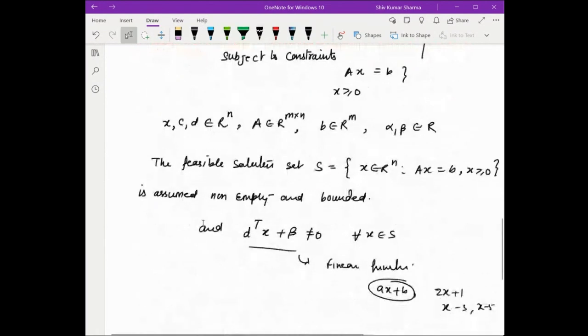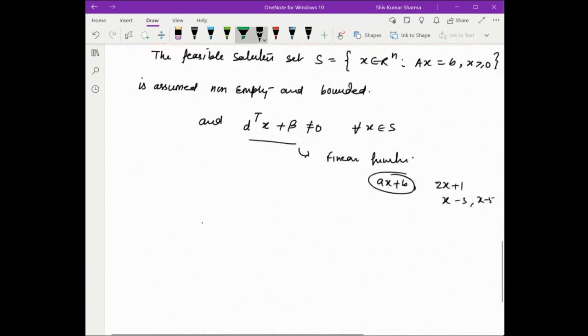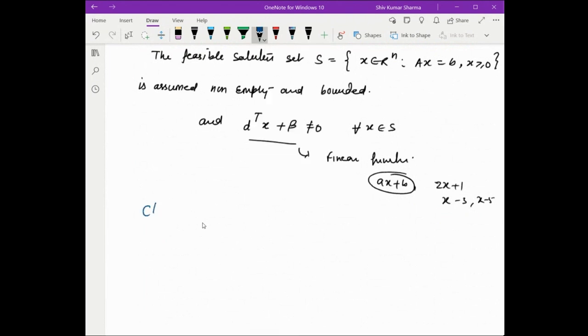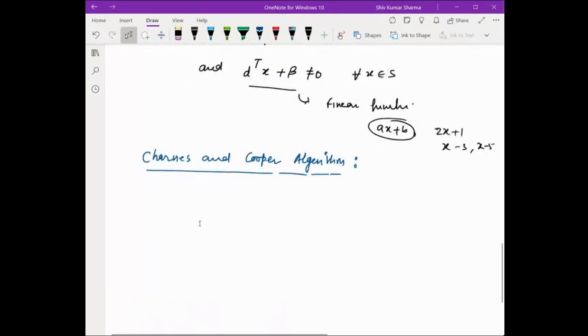First we discuss the Charnes-Cooper algorithm.